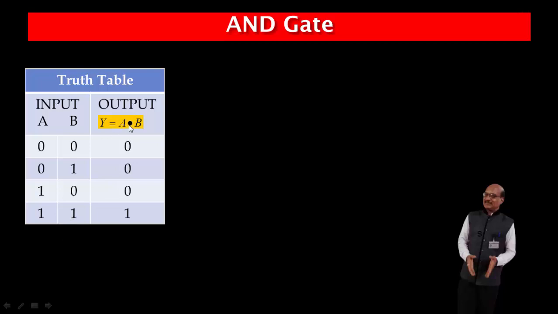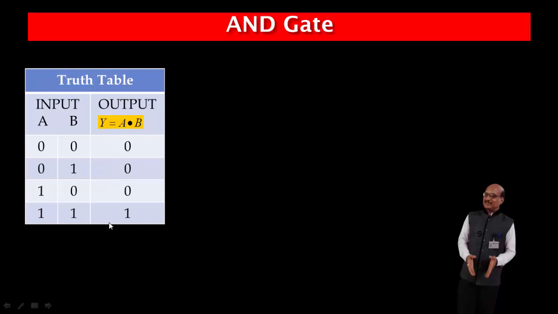So 0 and 0 is 0, or roughly we say 0 multiplied by 0 is 0, 0 multiplied by 1 is 0, 1 multiplied by 0 is 0, and 1 multiplied by 1 is 1. So this AND operation works like a multiplication operation. So this is the truth table for the AND gate.